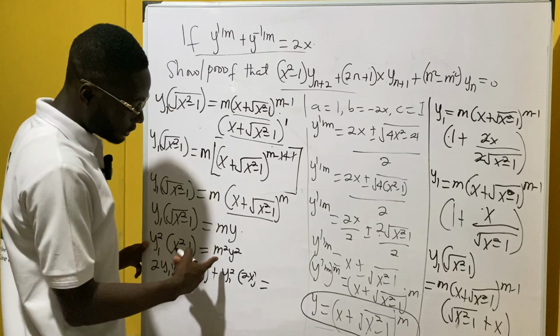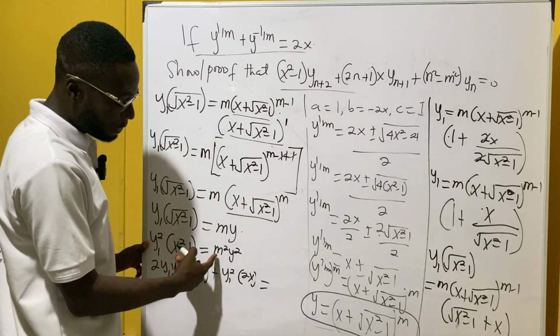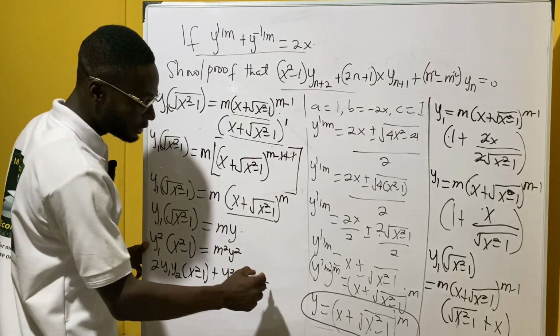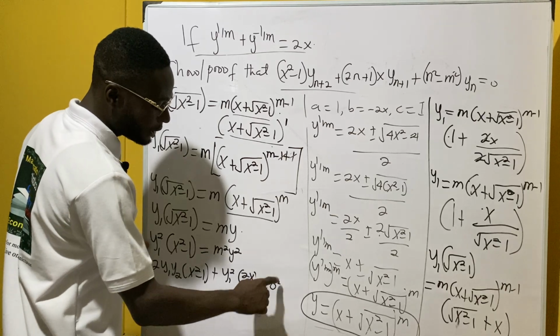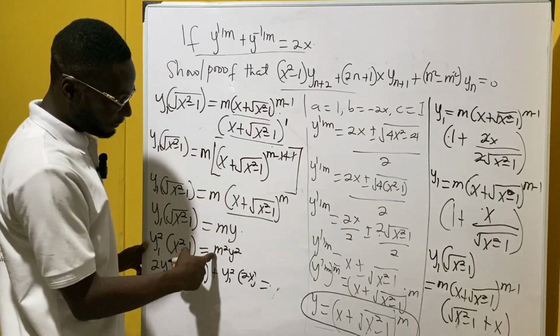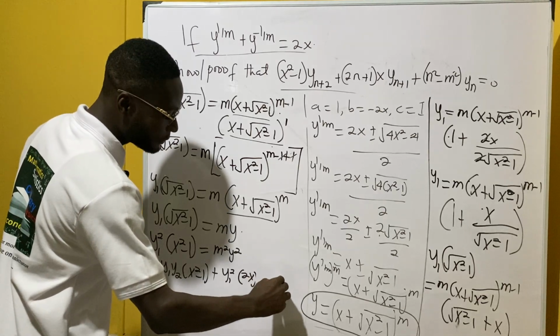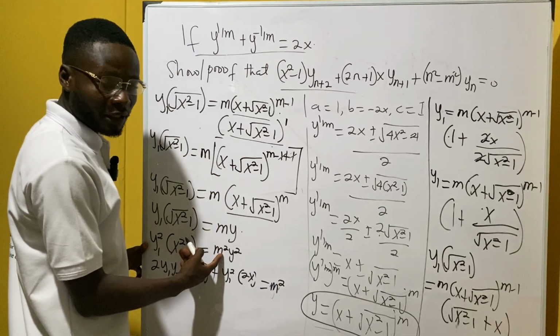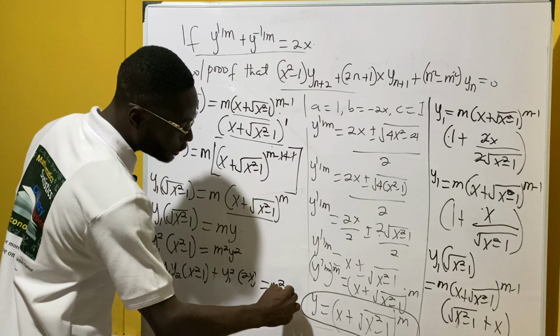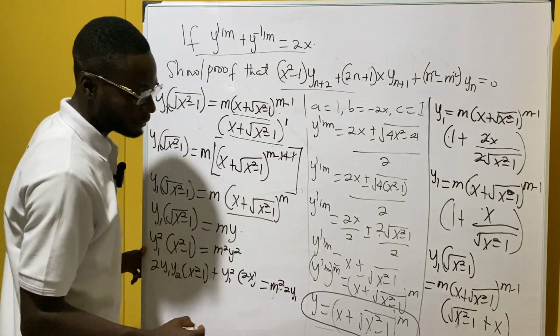Then equals this right here. When we differentiate, m squared is 0, so we don't need to write it for the first term. Then we maintain the m squared and differentiate the y squared, which is going to be 2y1.